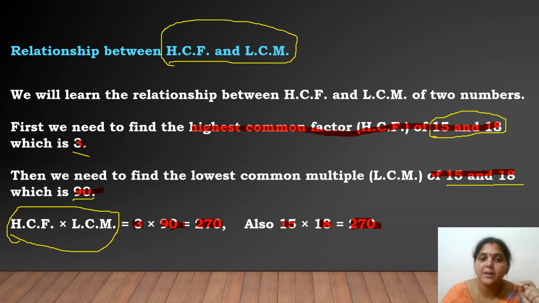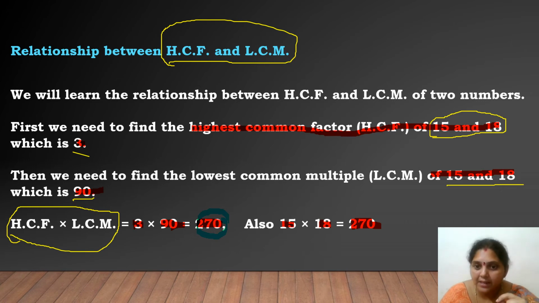When you multiply these both, you get 270, right? But without doing this, we can directly tell the relation: HCF into LCM is equal to the product of the two numbers you have taken.